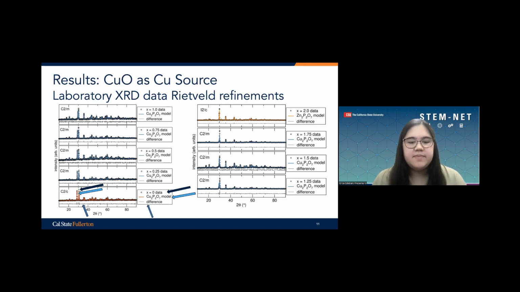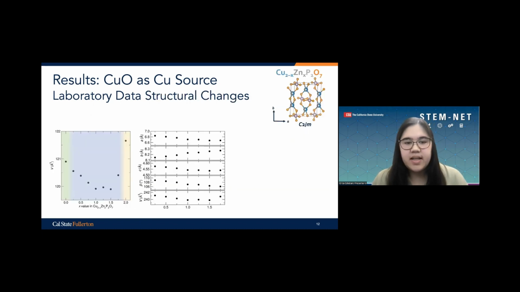But we also investigate if there's any significant differences that might sway my data away from looking like the model structure. However, based on all the X factors that I have made, I can get a sense that I did make the right thing. And then we also want to compare the structural changes.